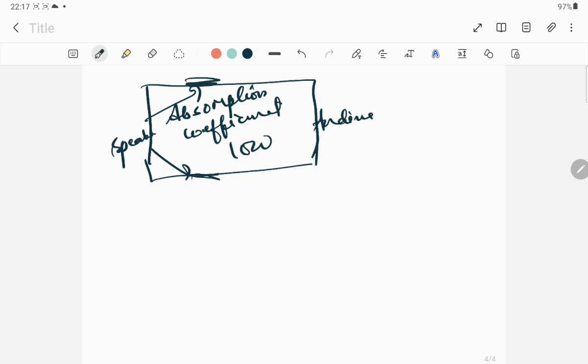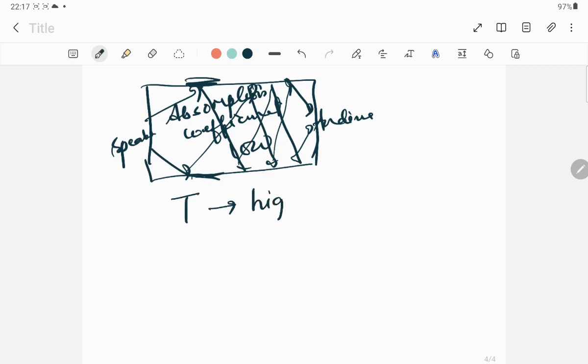Less amount of energy will be absorbed. So more energy will pass and it will suffer so many reflections before reaching the audience. So that means the reverberation time will be longer.